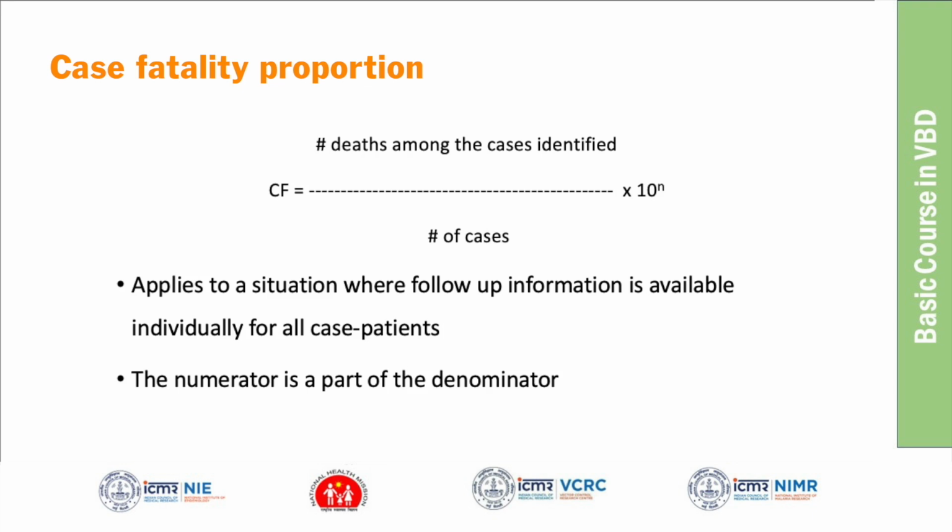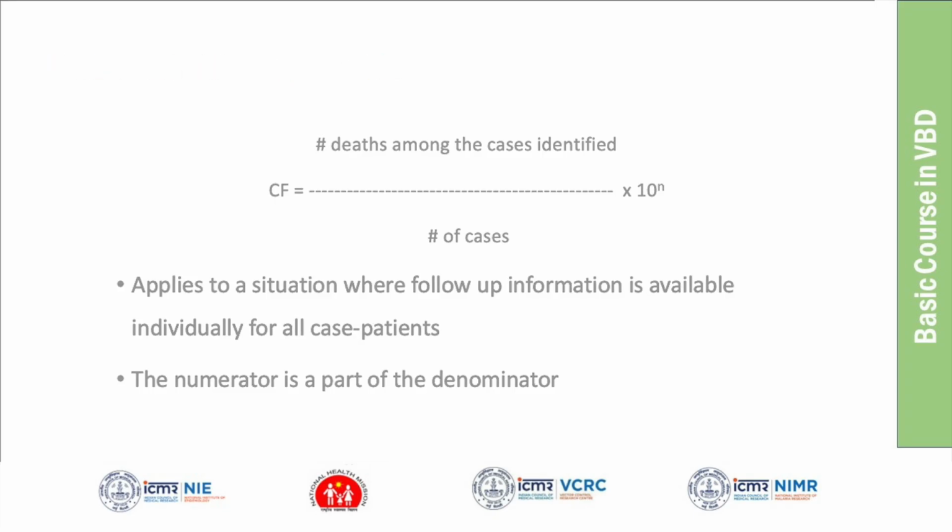So the number of deaths among the cases identified is the case fatality proportion. You can calculate case fatality proportion whenever you have follow-up information about all individual case patients. Here the numerator is a part of the denominator, and therefore this is called case fatality proportion, which is what you commonly call case fatality rate. So case fatality rate is a misnomer. It is actually a proportion.